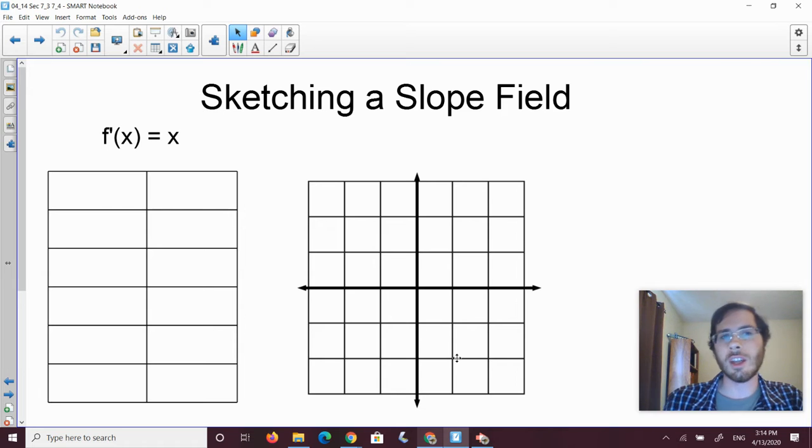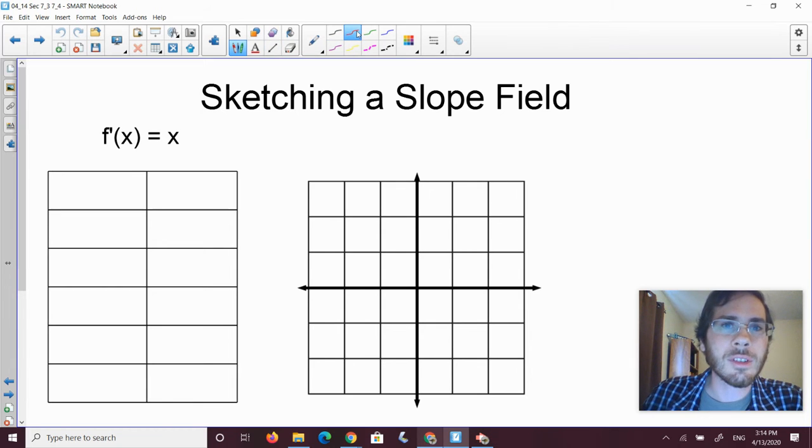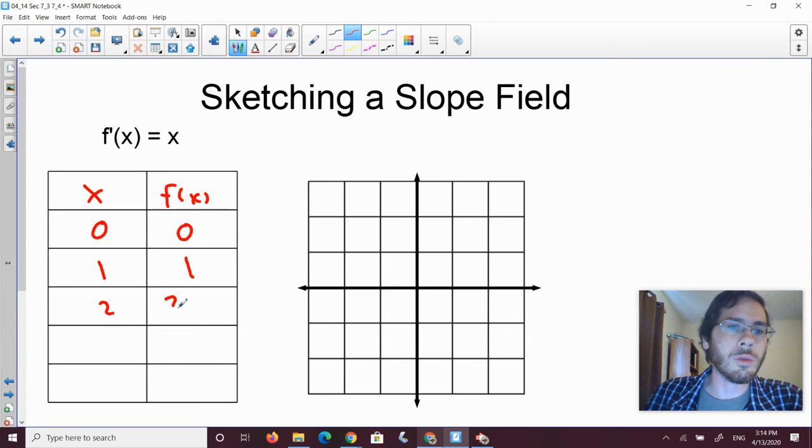So if I've got the equation f prime of x equals x, what we can do is find out what happens at each of our values for x. So if x is 0, f of x is going to be 0. If x is 1, f of x is also going to be 1, 2, 2, and it makes sense. Whatever we plug in for x, that's what we're going to get for our result back.